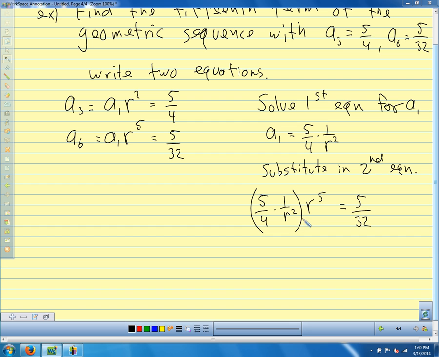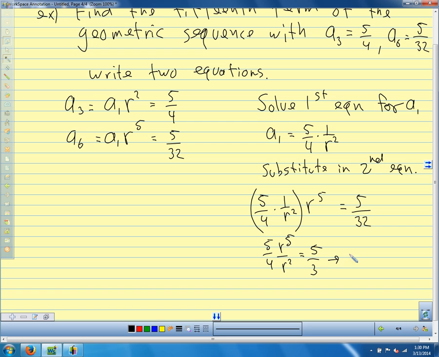Well, now I just have one variable here, so I can simplify this. First off, what is 1 over r squared times r to the 5th? Justin says r to the 3rd. So let me rewrite this. This is 5/4 times r to the 5th over r squared, and that equals 5/32. r to the 5th over r squared is r to the 3rd.